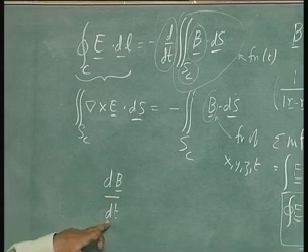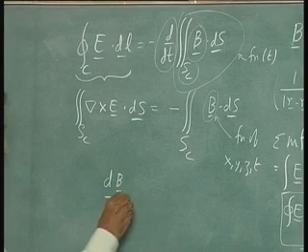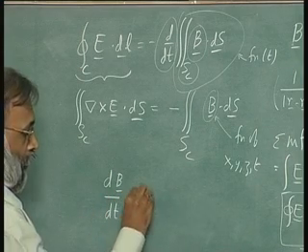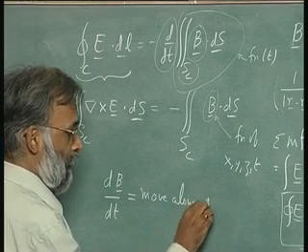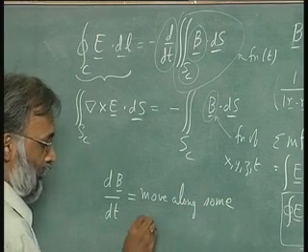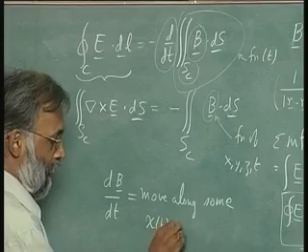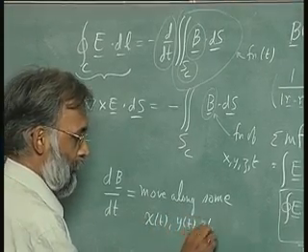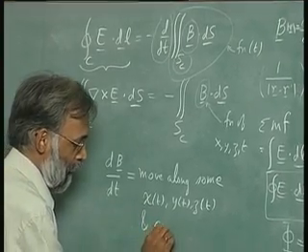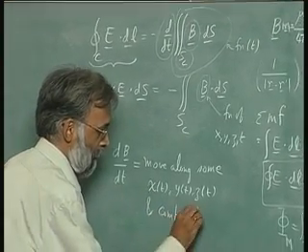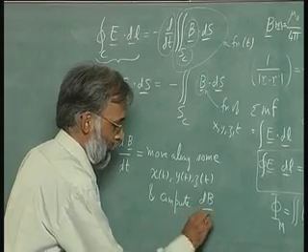When I write something like dB dt, what I really mean is: move along some x of t, y of t, z of t and compute dB dt.